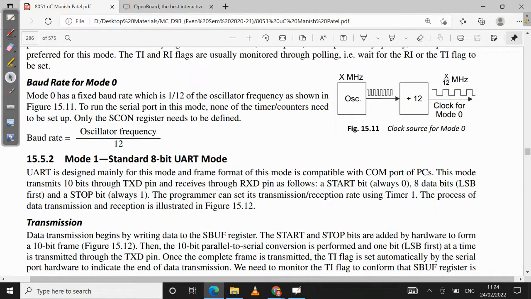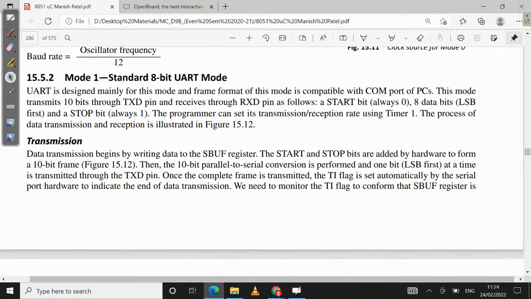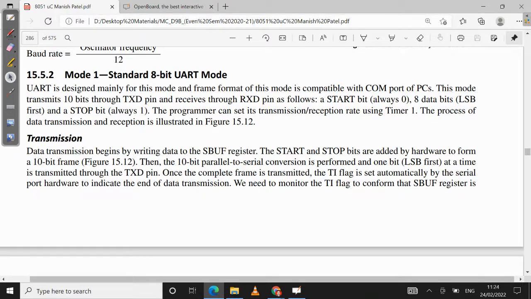Okay, everything I have explained to you, please go through this. Now comes mod 1, that is a standard 8-bit UART mode. So I have told you mod 0 is synchronous communication, mod 1, 2 and 3 are asynchronous communication.